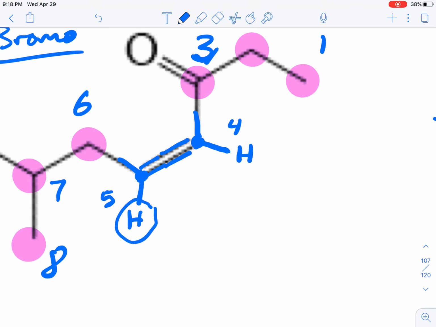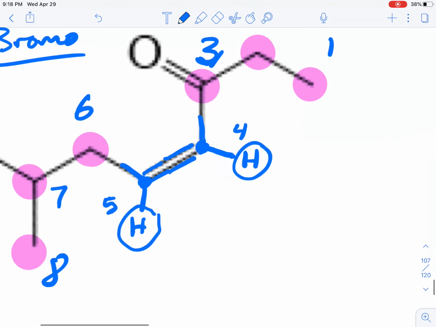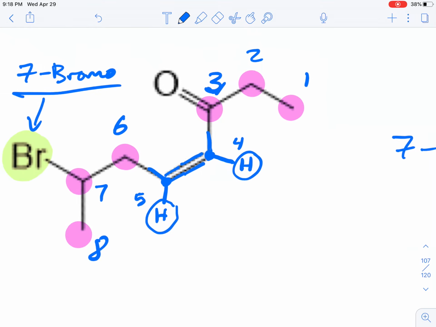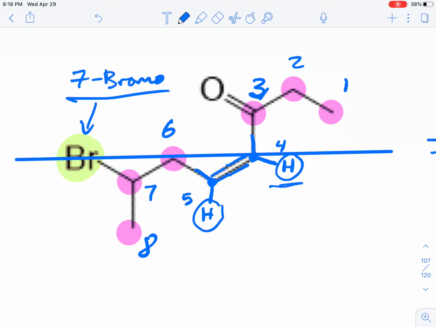And so if you look at the positions of the hydrogens, well, actually, let me take a step back. First and foremost, on carbon 4 and carbon 5, where that double bond is located, both of those carbons have a hydrogen. So we potentially do have geometric isomerism. And so if I were to cut a plane in half, notice that the hydrogens are on the same side of that plane that I just drew.